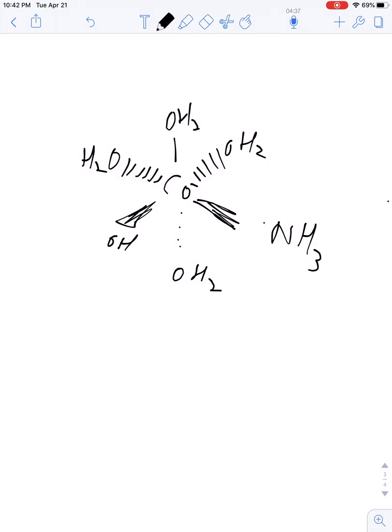Well, ammonia also acts as a Lewis base. It's donating a lone pair of electrons. So when we did this lab, we added enough concentrated ammonia that it replaced approximately 5 of the waters.